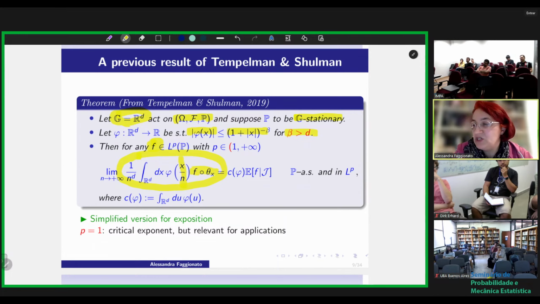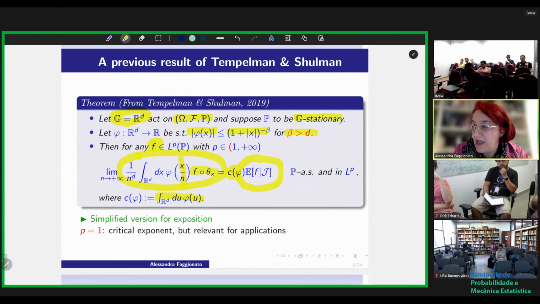Then this average converges, when n goes to infinity, to a constant depending on phi, and exactly this is the integral of phi times the conditional expectation of f with respect to the sigma algebra of invariant sets.